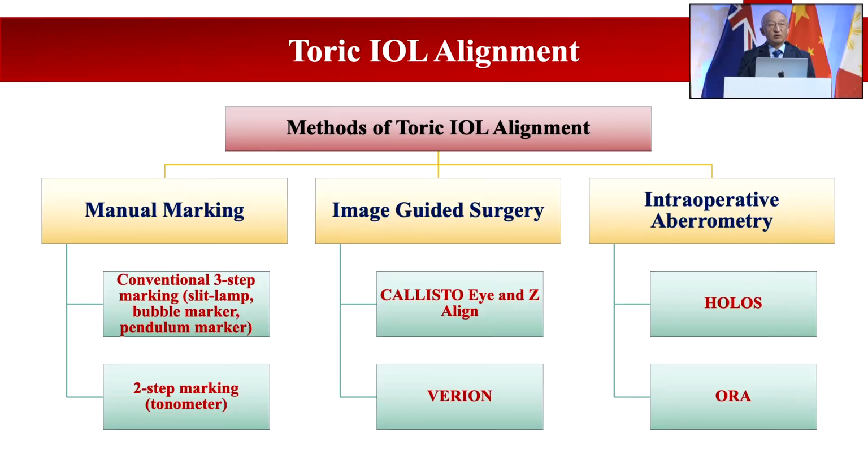It also takes care of any deviation, because most often you are measuring these patients in a sitting position, and when the patient lies on an operation table, you can have a little bit of intorsion. The other way is intraoperative aberrometry-based analysis. If you have access to that, it can also add to your surgical accuracy.